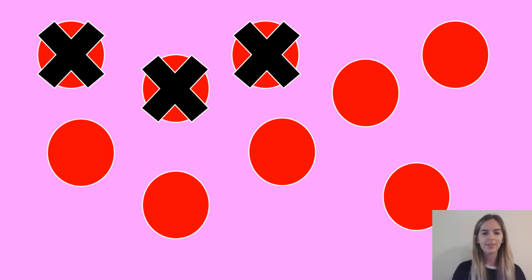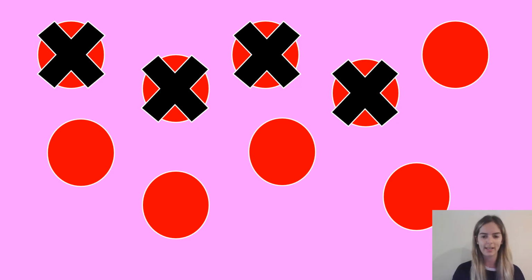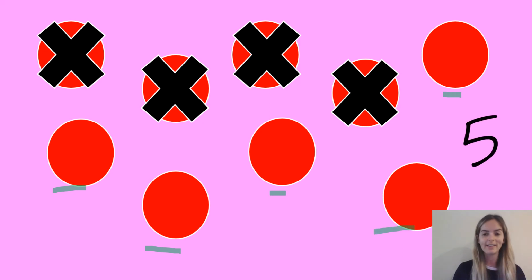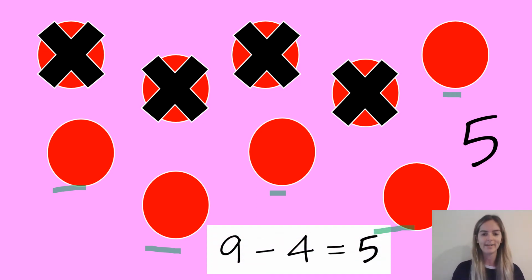So let's cross those out. 1, 2, 3, and 4. So how many am I left with? Let's count them. 1, 2, 3, 4, and 5. I am left with 5. So 9 take away 4 is 5. And there's my number sentence.